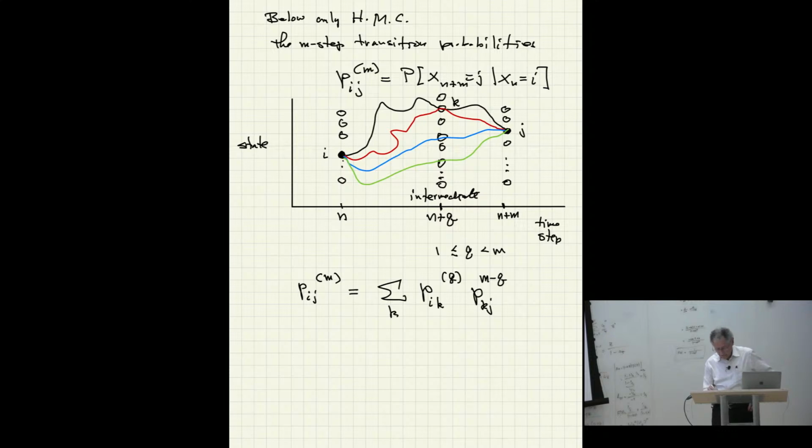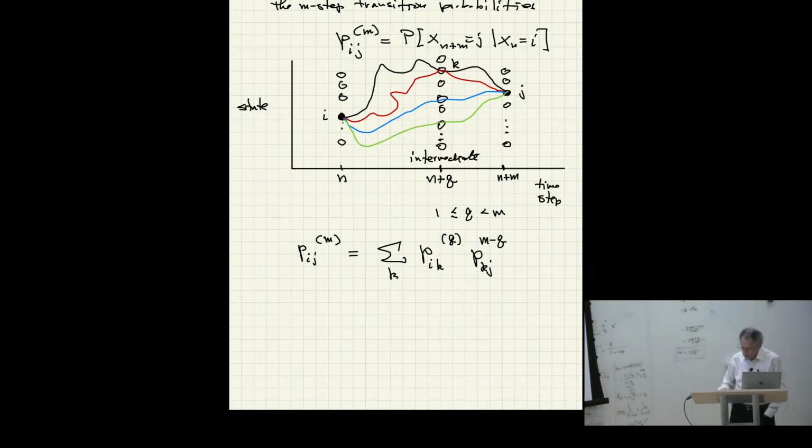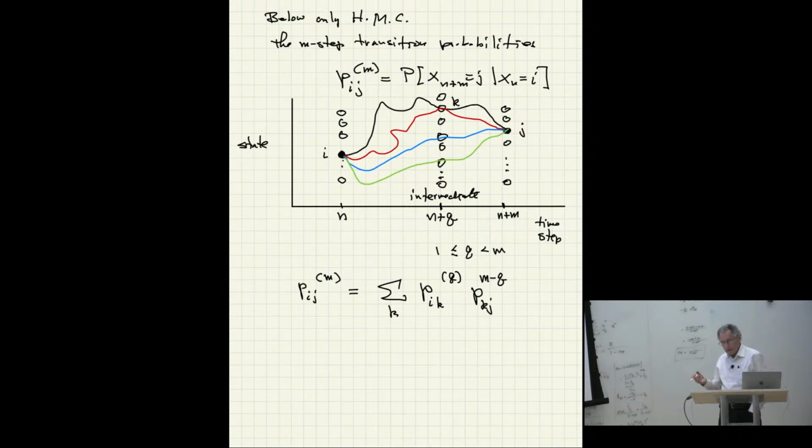And again, q ranges between 1 and m. Rather obvious equation. You have to sum over all possible intermediate states. So there's a large number of these sample paths.